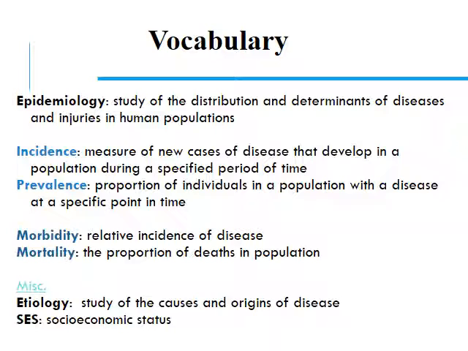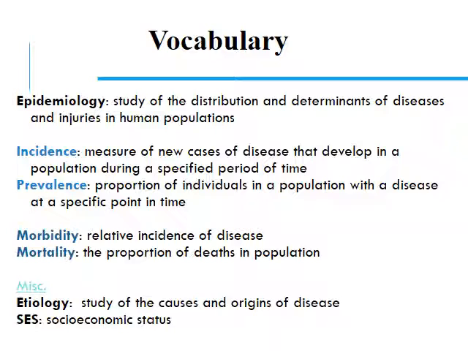Epidemiology is the study of the distribution and determinants of diseases and injuries in human populations. We talk of incidence and prevalence of certain disease conditions. Incidence measures new cases of a disease that develop in a population during a specific period of time.